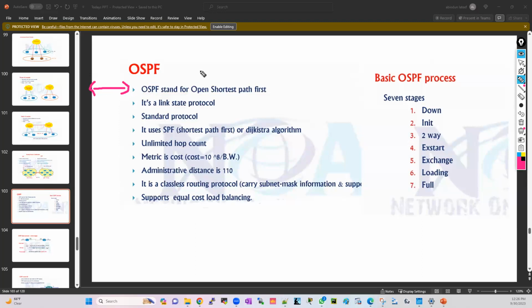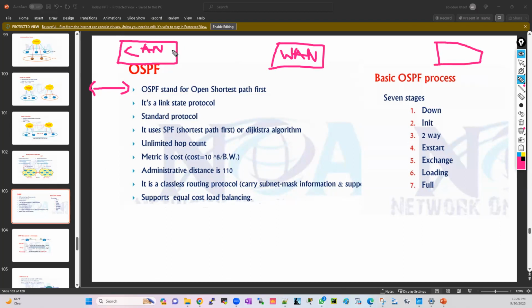A private network, I mean, is this. We have the internet, we have LAN, and then we have WAN. We have another line here.